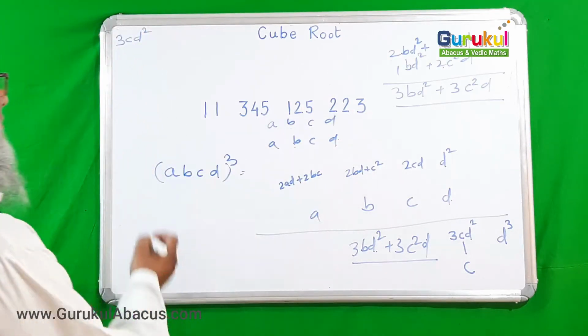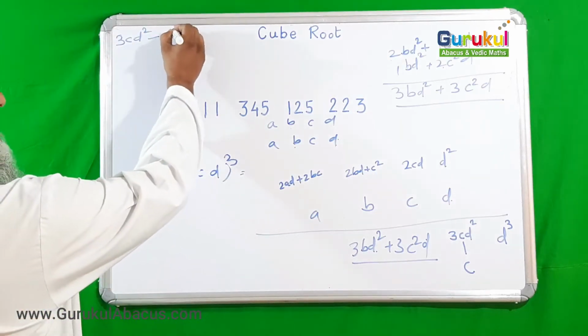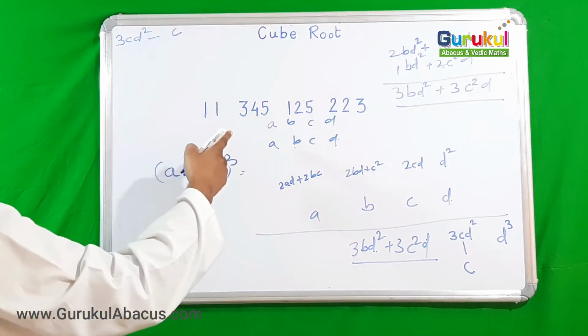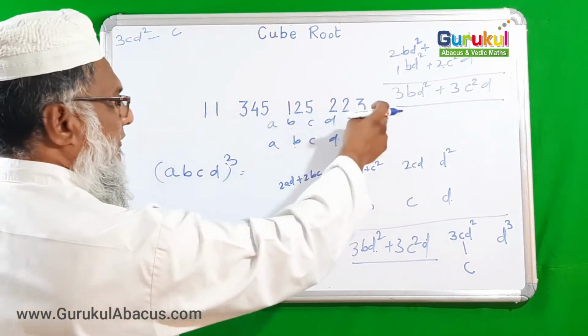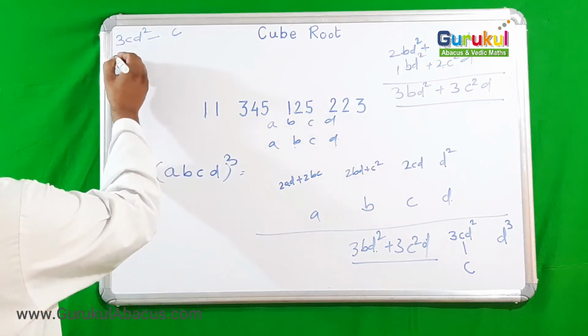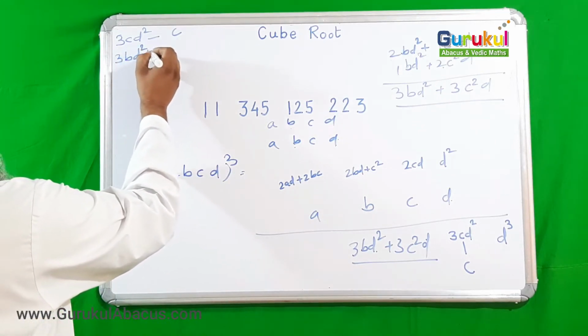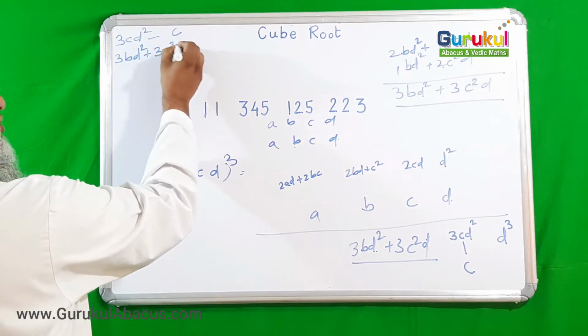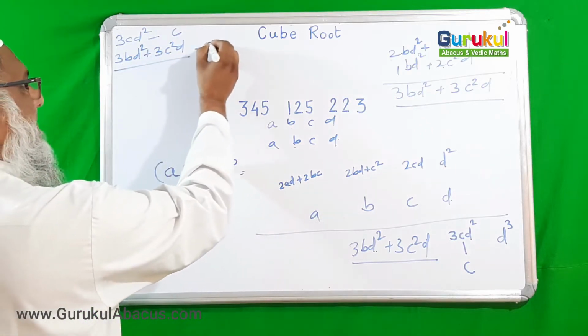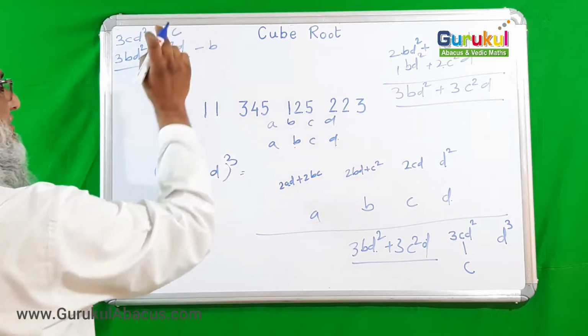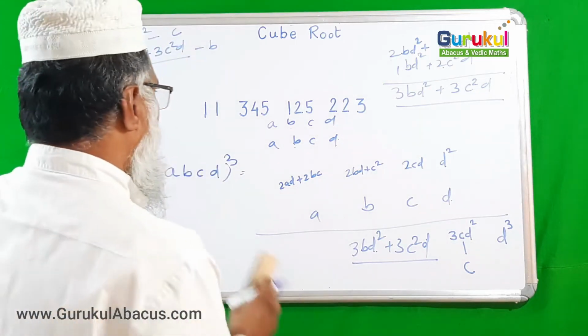For finding c in this example, wherever there are 4 pairs, we need 3bd square plus 3c square d for finding b of our example. This is for c of our example, this is for b of our example.